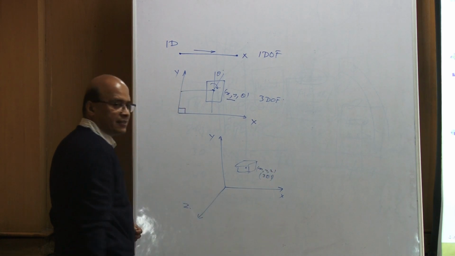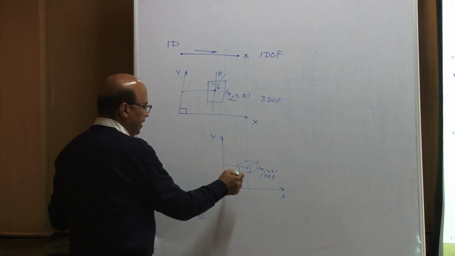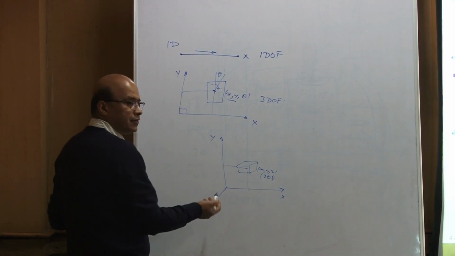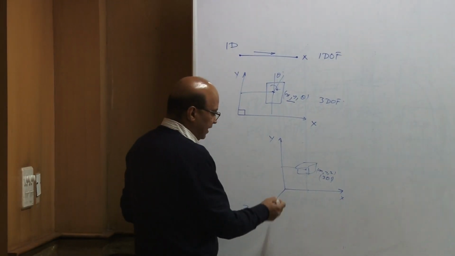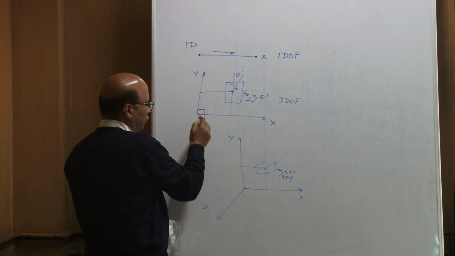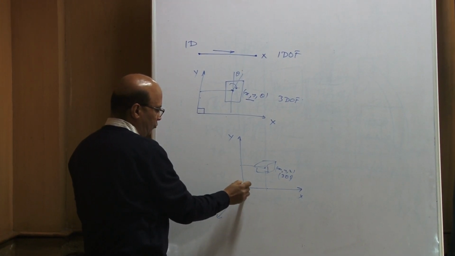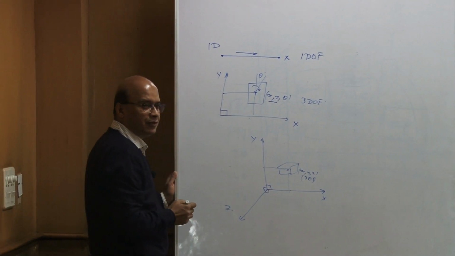So it can have x, y, z, which is a projection here, and it can have 3 angles with respect to the x, y, and z. So it is 6, right? 6 degrees of freedom. Now again, going back, this is a direction in space. This is also a direction in space which is orthogonal. Now these are directions in space which are orthogonal to each other. They are all perpendicular, right?